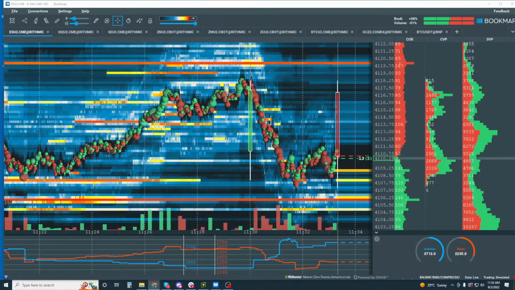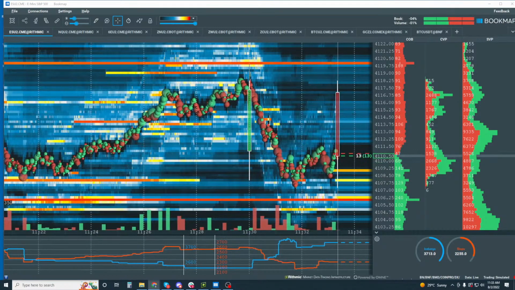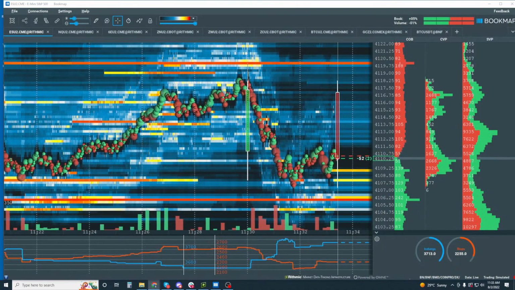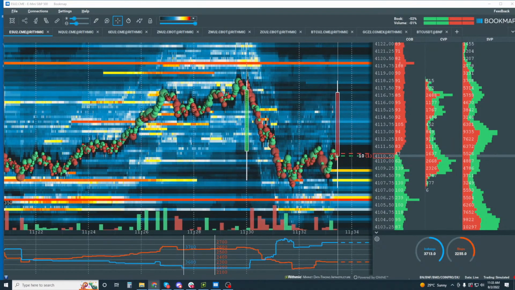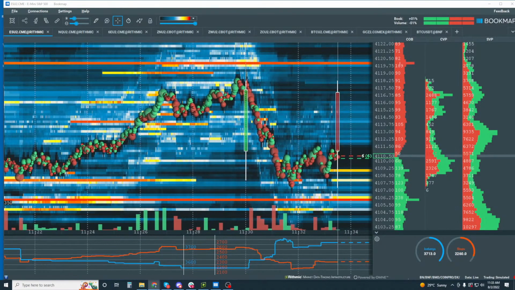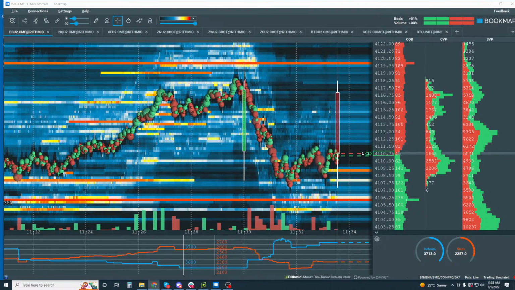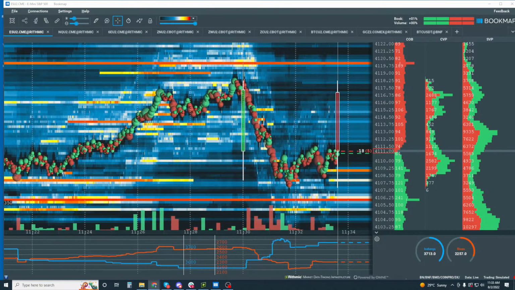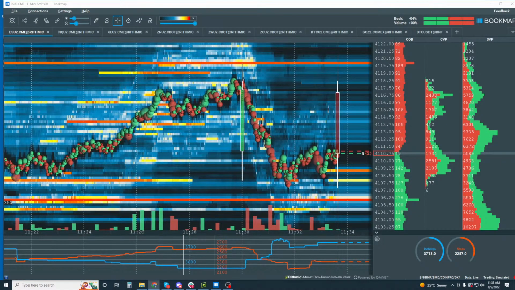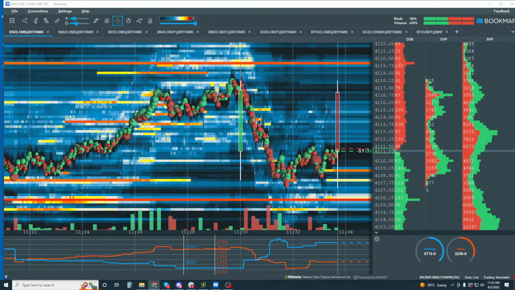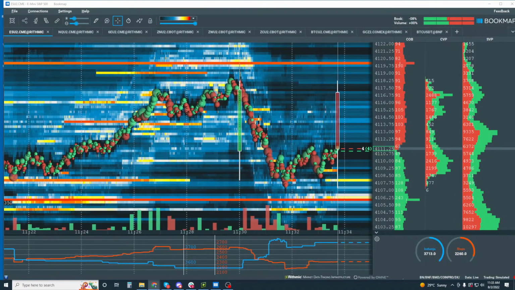The heat map is the heat map, scalping trader. It's just showing you liquidity. That's it. Candlesticks is a derivative of price action. That's actually the beauty of Bookmap as a platform, it's just pure data.